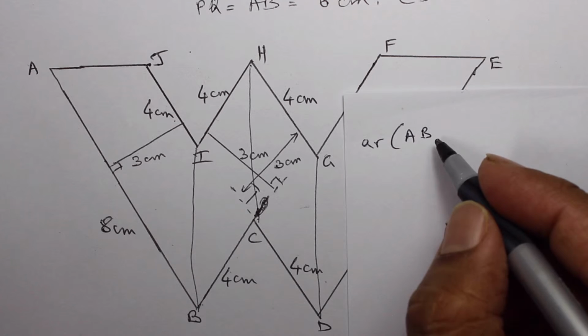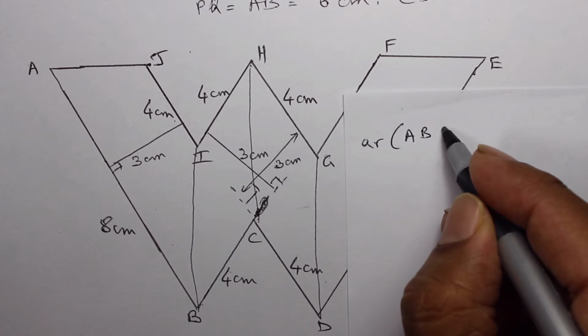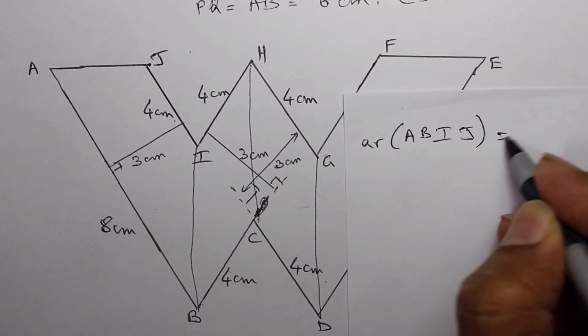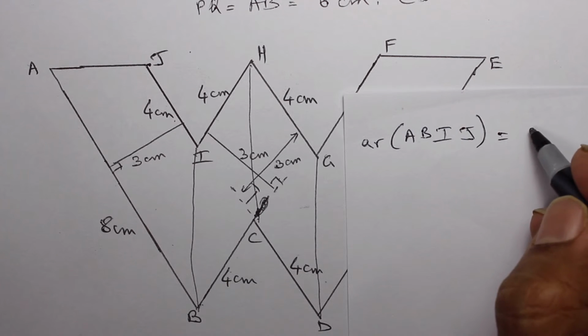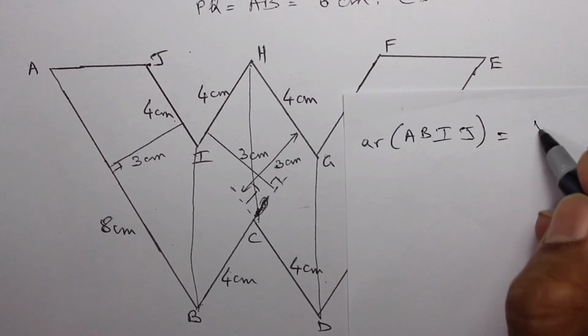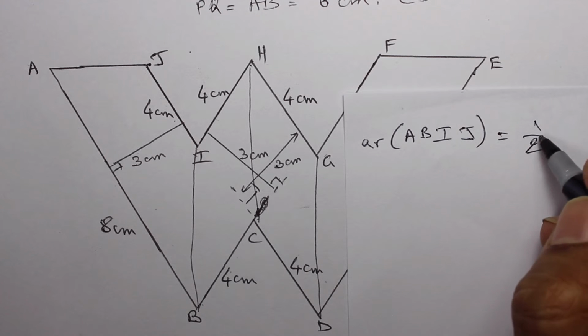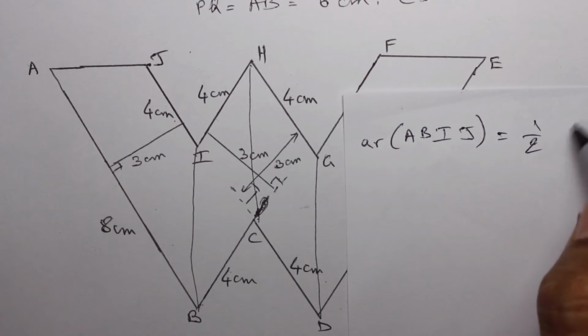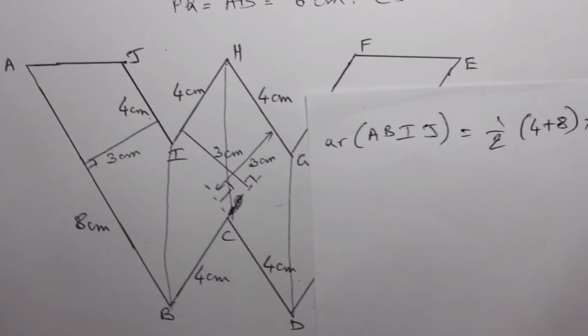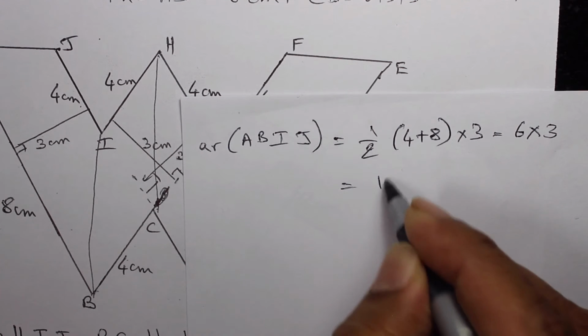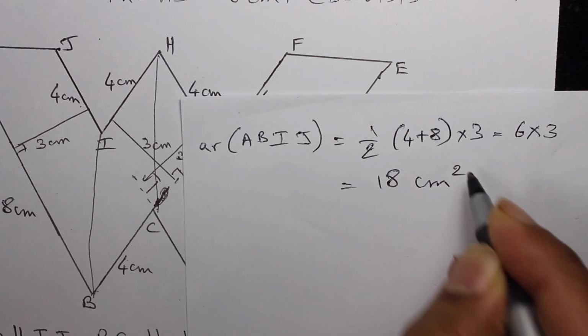The area of the trapezium ABIJ is half the sum of the two opposite parallel sides. So it is 4 plus 8, which is the average of the sides, into 3. So this is equal to 6 into 3. So this is equal to 18 centimeters square.